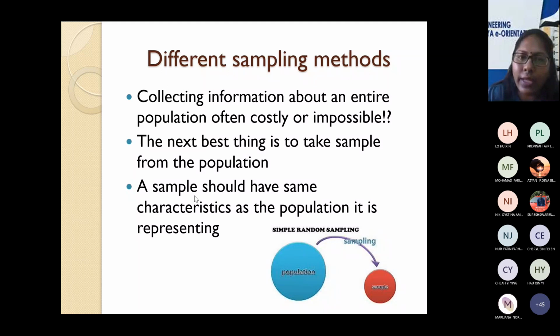So that's why a sample should have the same characteristics as the population it is representing. If I want a good outcome of data, I must make sure I am sourcing the data from a quality sample. My sample must be correct. My sample must be good to give me quality data. So it's really important how you choose your sample.